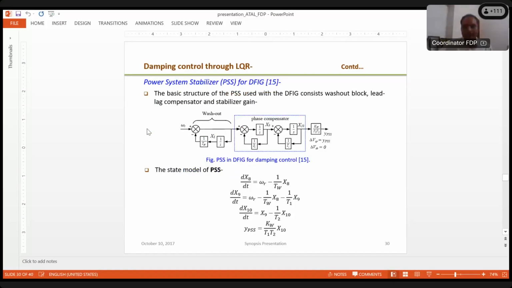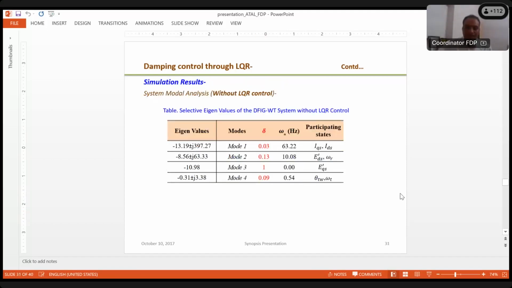The PSS also has a washout block and a lead-lag compensator, and accordingly we are adding more and more states. So x8, x9, x10 are the states mathematically added into the system.